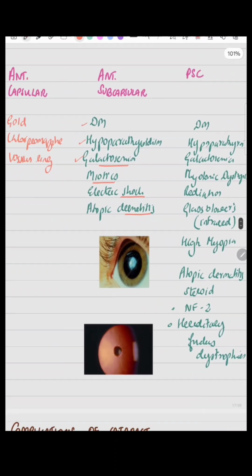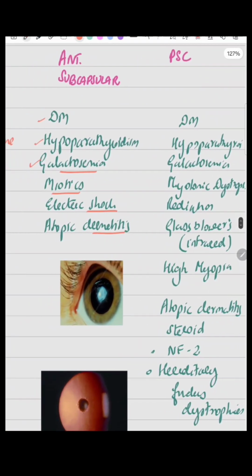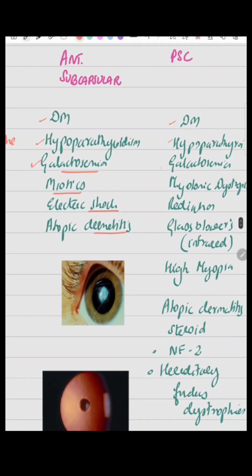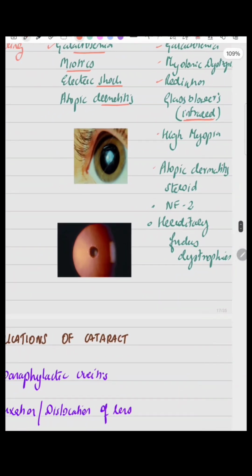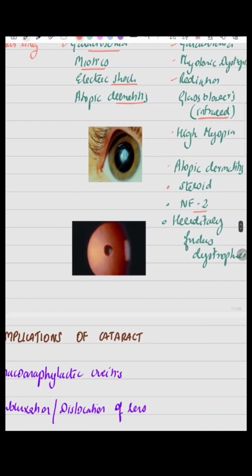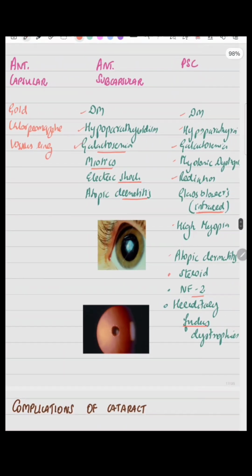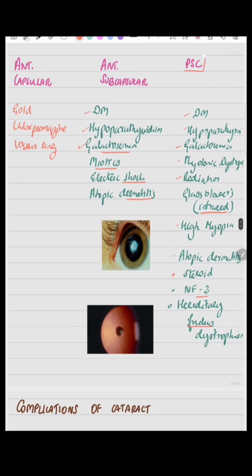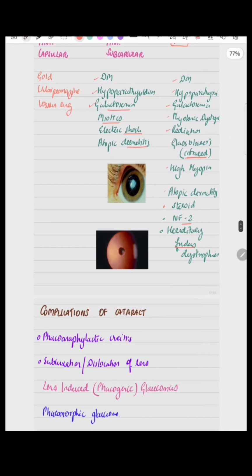Posterior subcapsular cataract includes diabetes mellitus, hypoparathyroidism, again galactosemia, then myotonic dystrophy, radiations, glass blowers, that is infrared cataract, infrared radiations, high myopia, atopic dermatitis, steroids, neurofibromatosis 2. Hereditary fundus dystrophies can predispose to posterior subcapsular cataract.